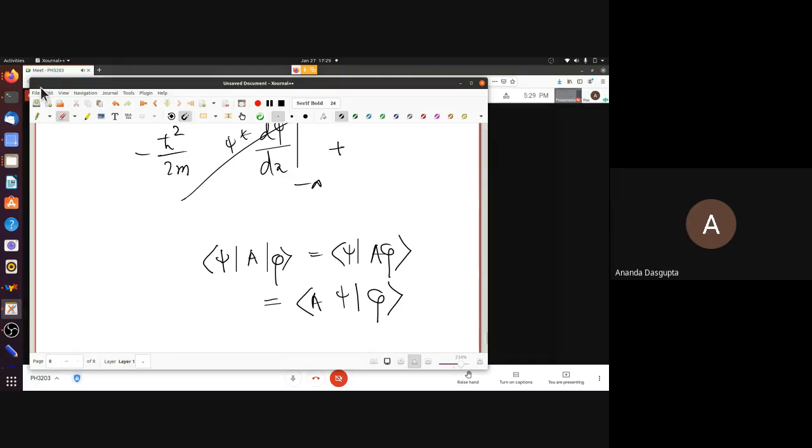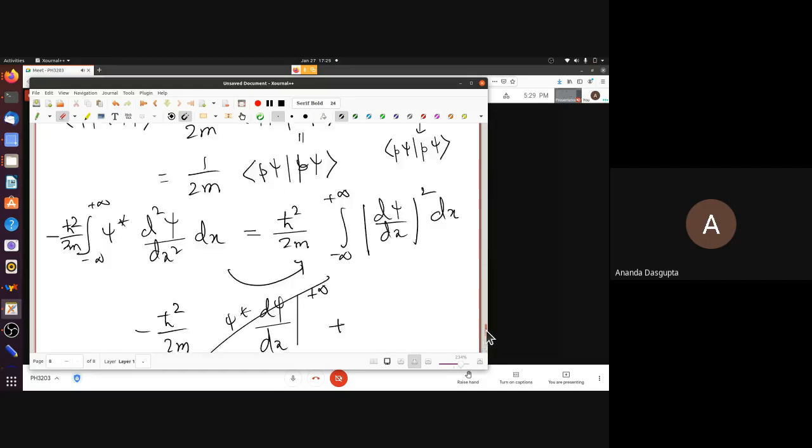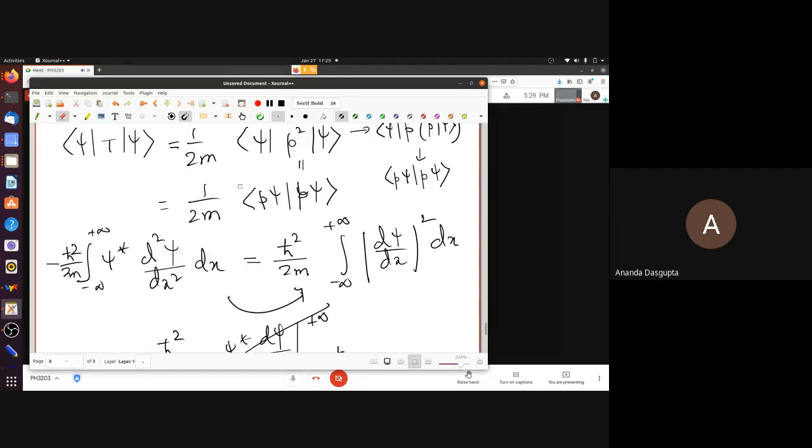So what you're really saying is you just use a Hermitian P here in deriving the kinetic energy, that psi T psi is the same as 1 by twice m times p psi, p psi. But that's exactly what this is in the language of wave functions, right? Because in the position representation, p psi is simply h cross by i d psi dx. So p psi overlap with p psi is just the mod square of this quantity, that gives you the h cross square up here, and d psi dx mod square. Of course, the 1 by 2m was already there outside.